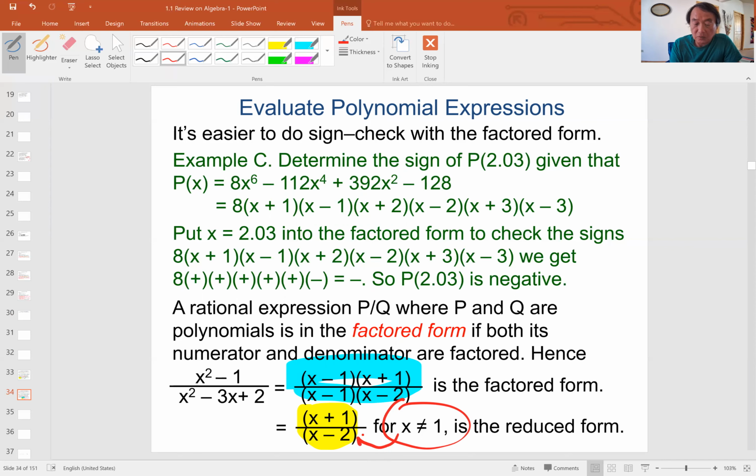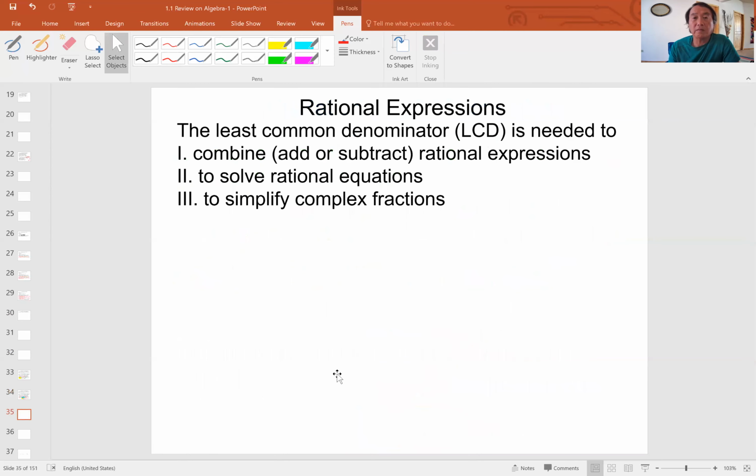I could plug 1 into the formula in the reduced form, but I may not plug it into the top one because it will be undefined there. So this is the difference between the reduced form and the non-reduced form of a fractional formula.